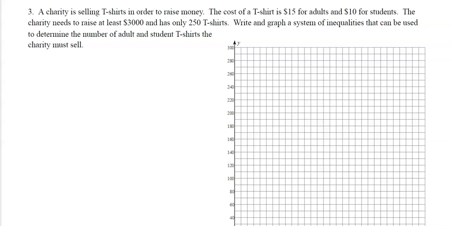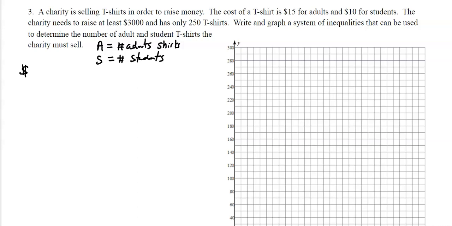Couple different ways I could do this. Let's first draw the classic system. So I'm going to do my money equation. We'll use A for the number of adult shirts sold and S for the number of students.